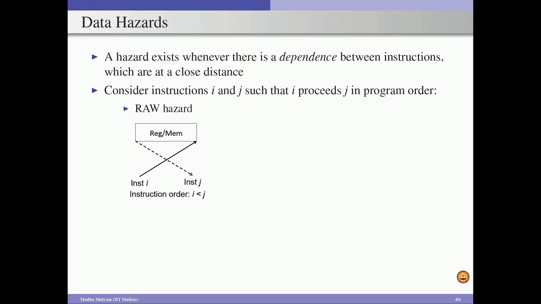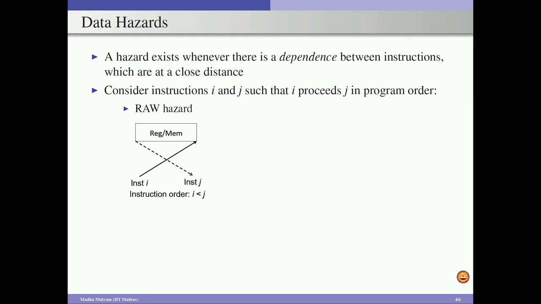As a result, it reads an old value from the register or a memory location, and that is going to create a wrong computation. So, whenever we have such a hazard, a read after write hazard, we should not reorder these two instructions. Effectively, we should not execute instruction j before instruction I if there is a read after write hazard between instruction I and j, and instruction I is preceding instruction j in the program order.